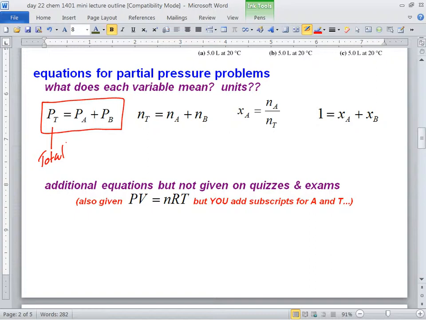Yeah, well, you're close. It's one gas and the other gas, right? So they're just saying A's and B's. It could have been helium and hydrogen or whatever, right? So those are the what pressures they're called? Partial pressures. If you had 3 gases, well, then you'd just have a PC in there too, plus PC.